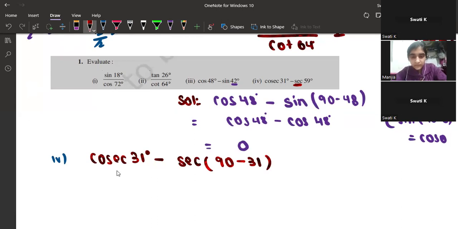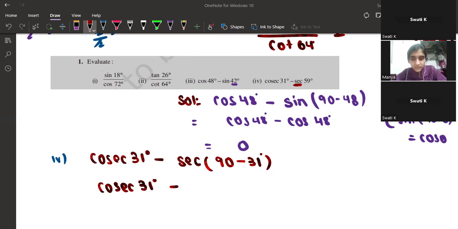Next. Cosec 31 as it is, minus. What is the formula of sec 90 minus theta? Sec 90 minus theta is cos theta or cosec theta? That's correct.